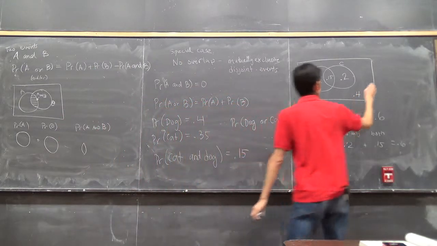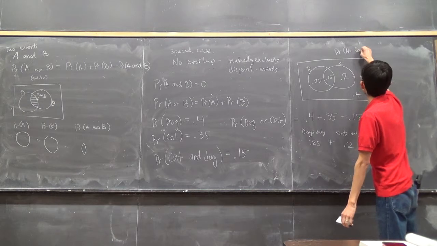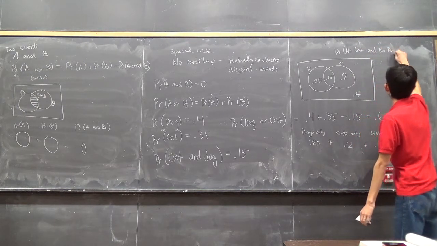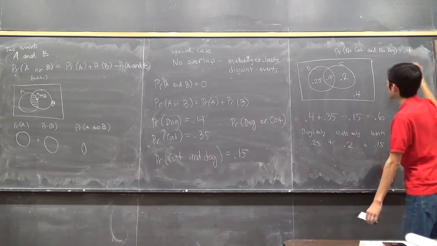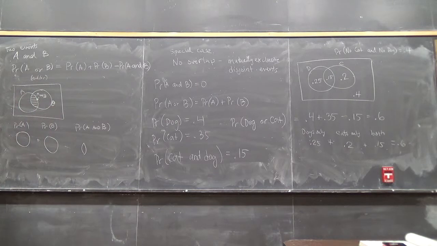So the probability of no cat and no dog is 0.4.